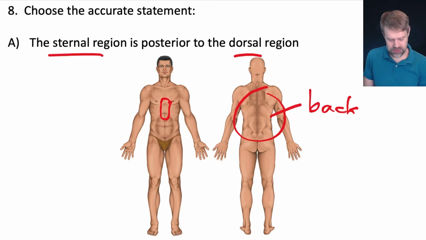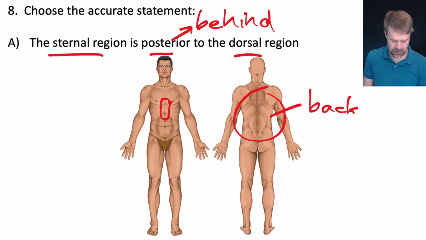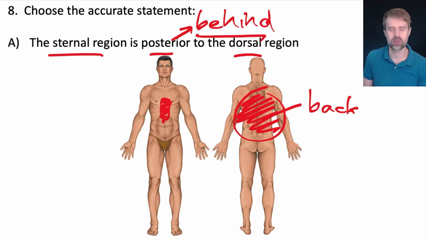Now, if something is posterior, what does that mean? It means that it is behind. So would it be correct to say that the sternal region is behind the dorsal region? No, absolutely not. Cross it off.